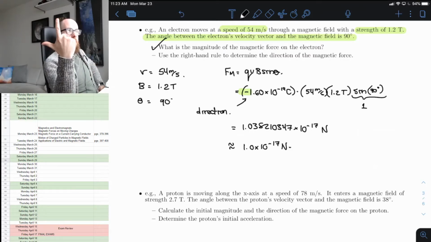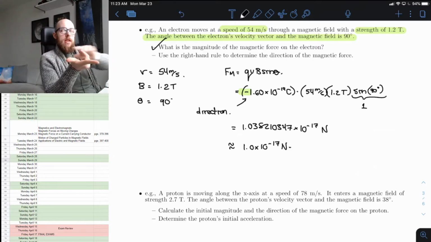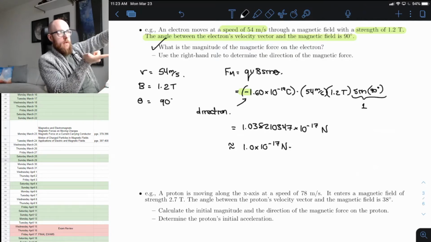Let's say the velocity is to the right and the magnetic field is forward, directly ahead of us. Then the force exerted should be up, according to the right-hand rule. Does that make sense?